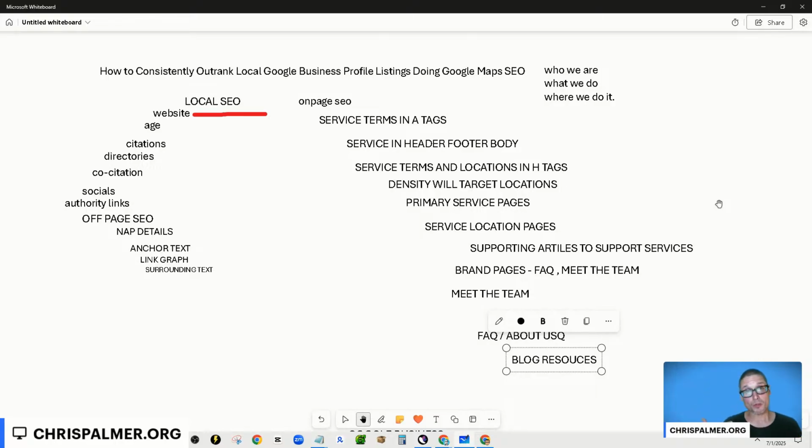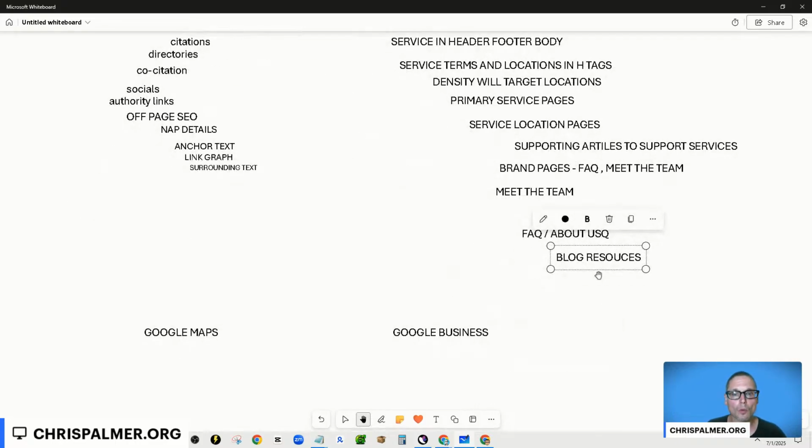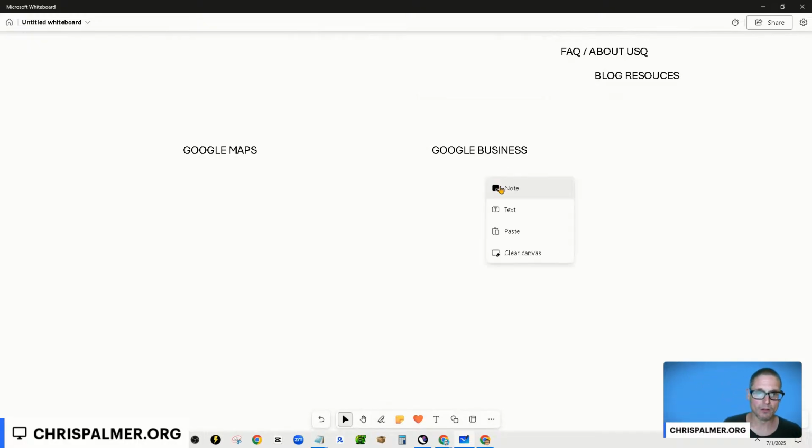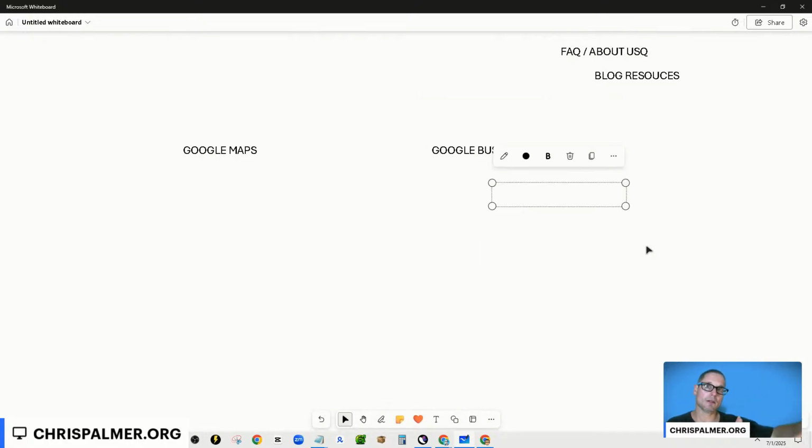Because remember, if we're doing maps, we probably rank where we have pages for the services we have pages for in the locations that we're targeting. But more importantly, when we're a local business, what do we really care about? We care about another product called Google Business Profile. What makes up a Google Business Profile? How about a primary category?